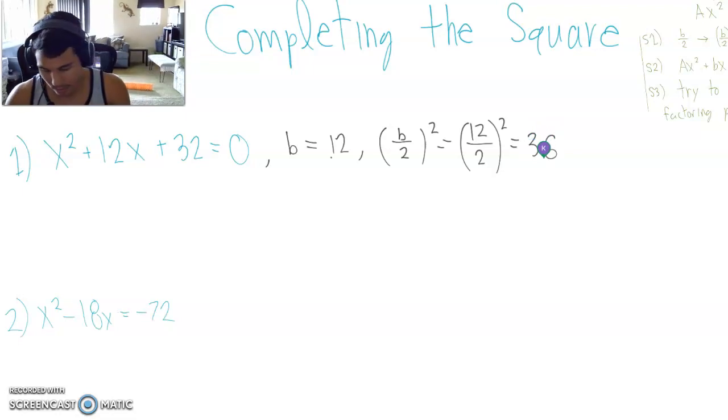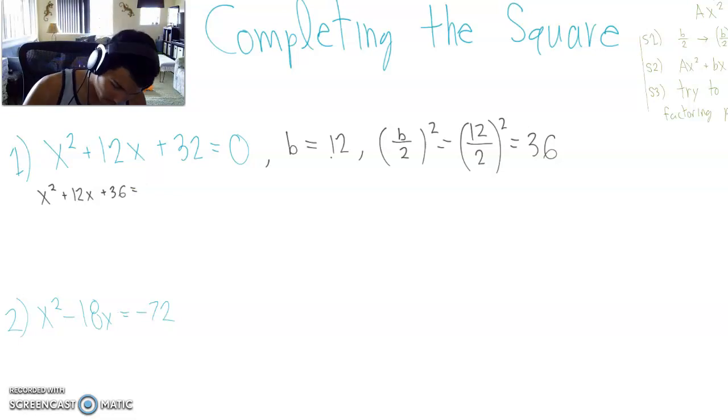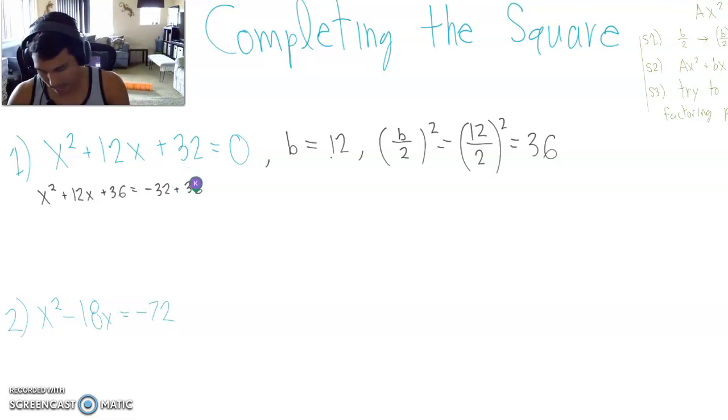Good. Okay, so we got 36. Now we can do it as x squared plus 12x plus 36. And let's move the 32 on the other side. And we get plus 36. And yeah, that's what we get.